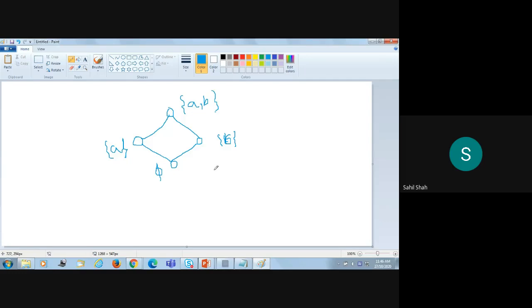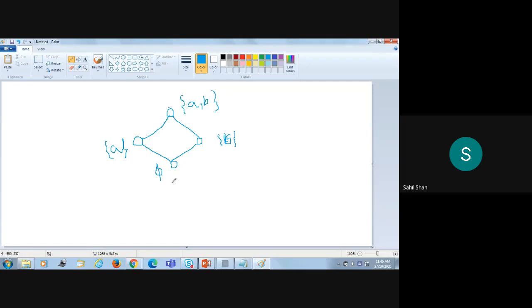Now let us check for every pair whether there exists a least upper bound as well as a greatest lower bound. We will go one by one. First, check the pair phi comma A. The least upper bound of the pair phi comma A will be A itself, and the greatest lower bound will be phi itself.